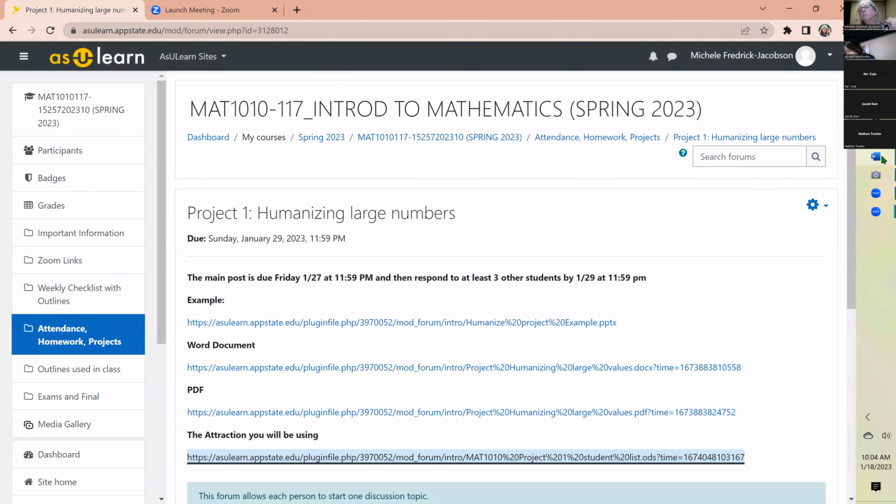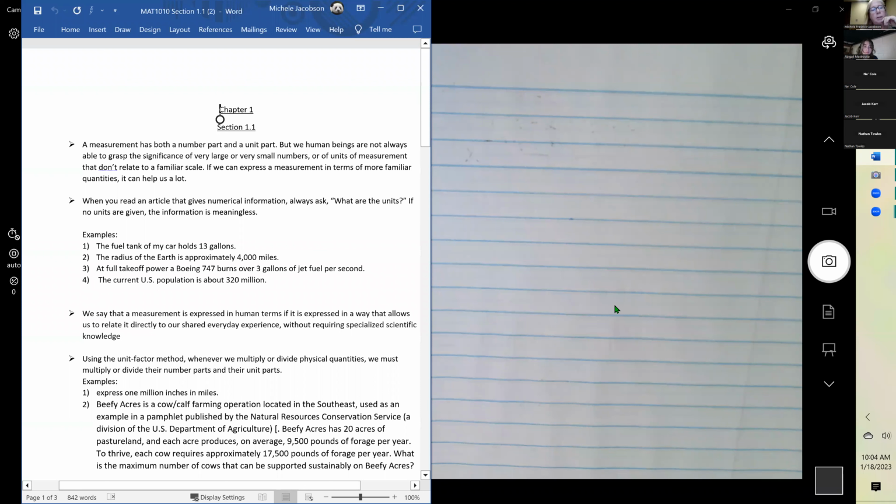We talked a little bit about section 1.1. Mostly what we talked about is humanizing, because that's what you have to do for your project. And we talked about the numerical and the measurement, or the unit. I forget what they call it.